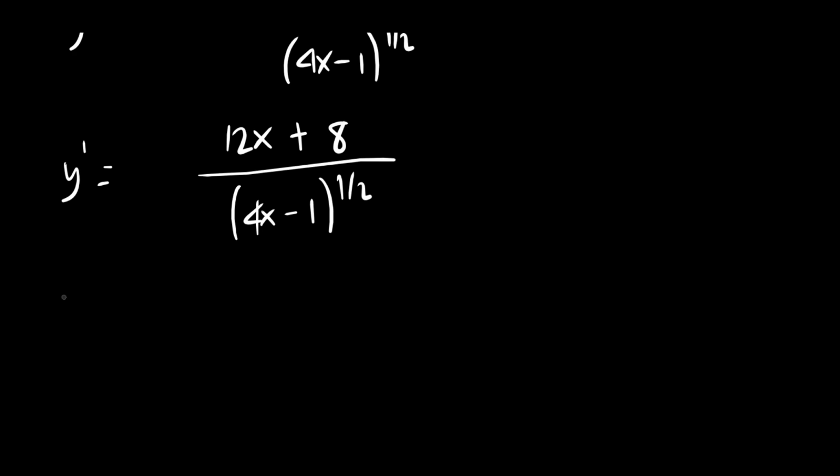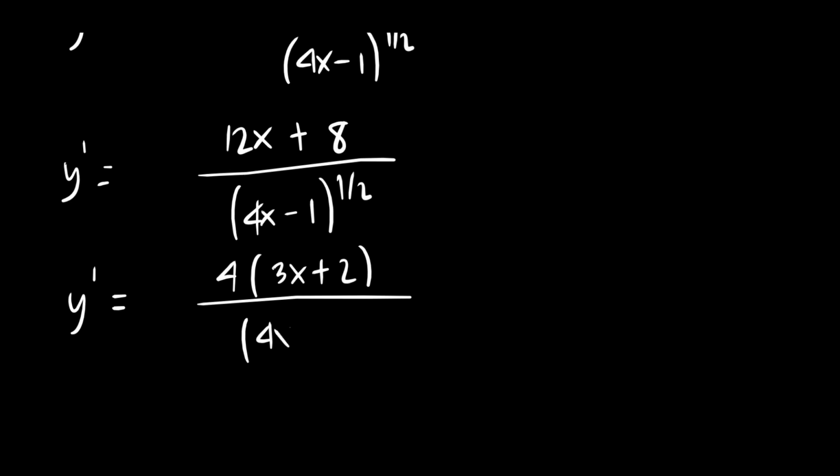So we will factor out the numerator. Its common term is 4. So we have 4 multiplied by 3x plus 2 all over 4x minus 1 raised to the power of 1 half. So this is now our final answer.